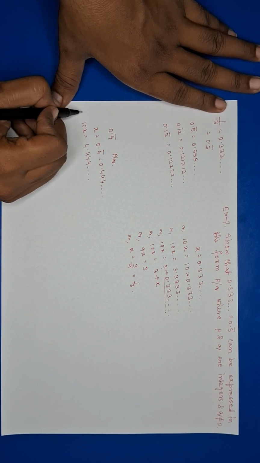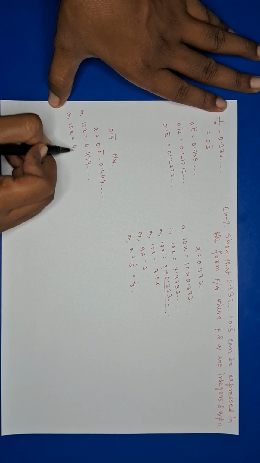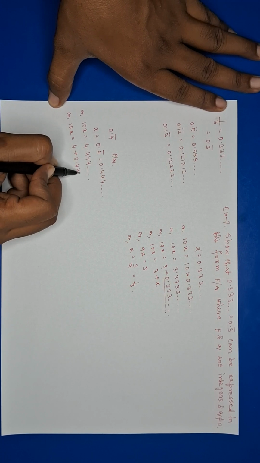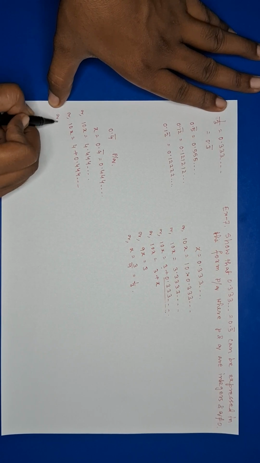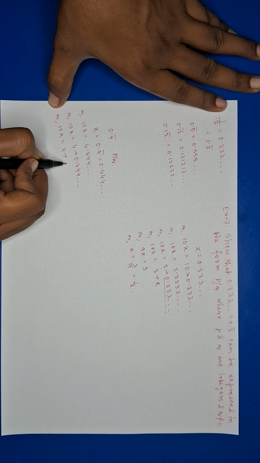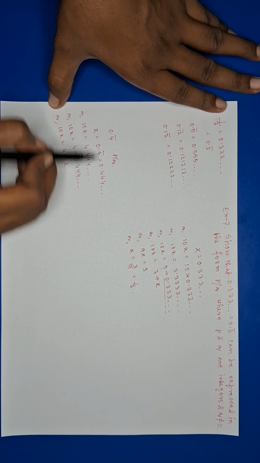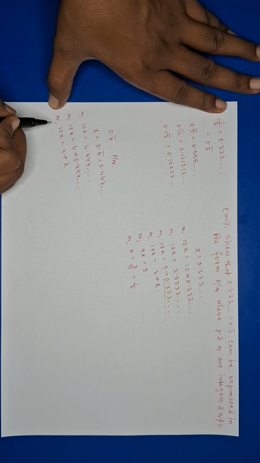So we can write 10x is equal to 4 plus 0.444 dot dot dot, or again 10x is equal to 4 plus x. This 0.444 will be equal to x. We have considered it initially.